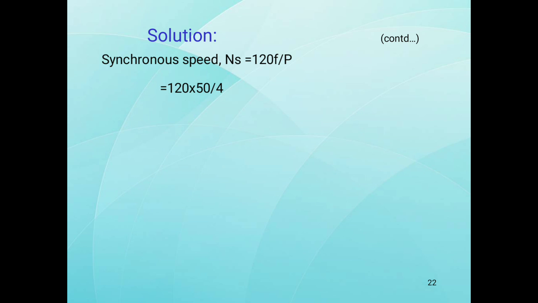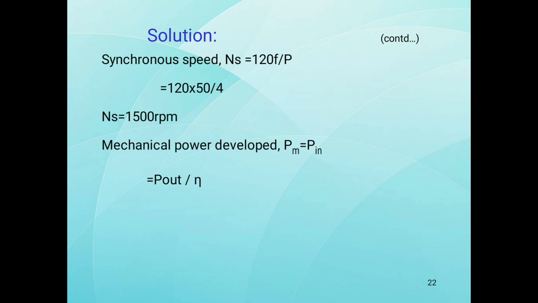So here the solution is synchronous speed Ns is equal to 120 f by P, that is 120 into 50 by 4, which is 1500 RPM, and the mechanical power developed Pm is equal to P out by efficiency, which gives 75 into 1000 by 0.95. That is Pm is 78,950 watts.